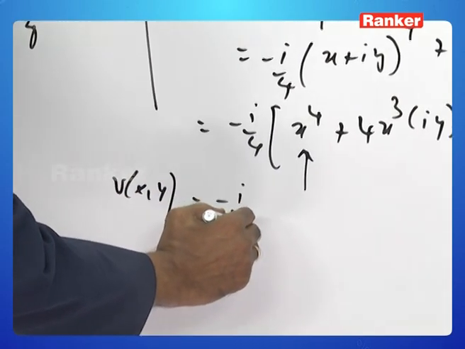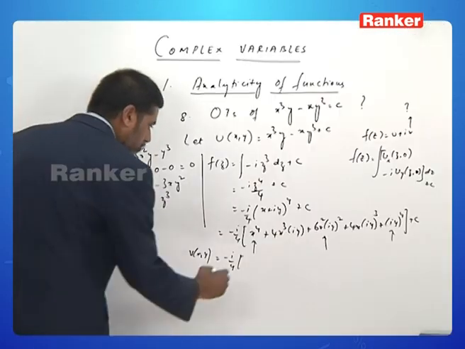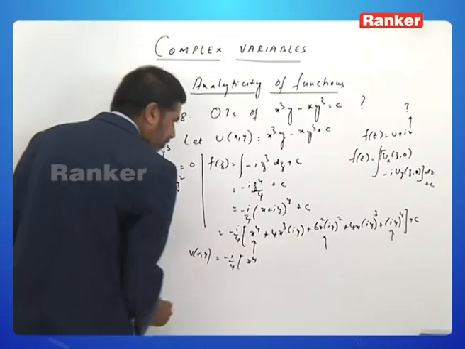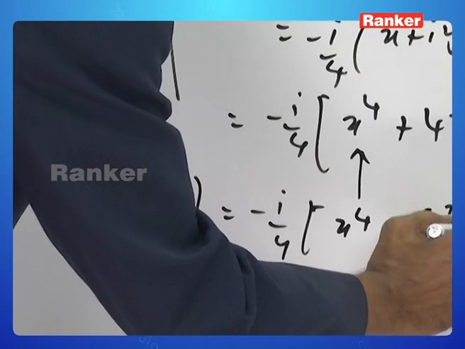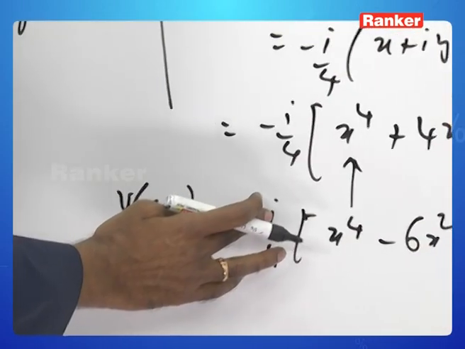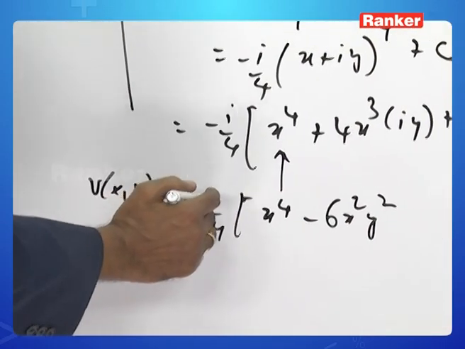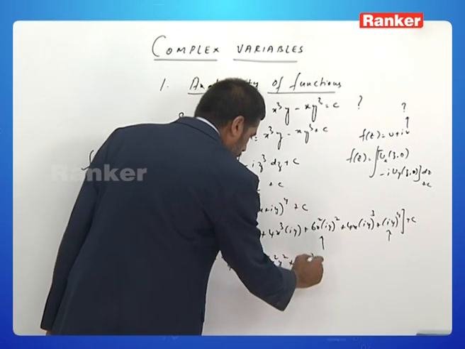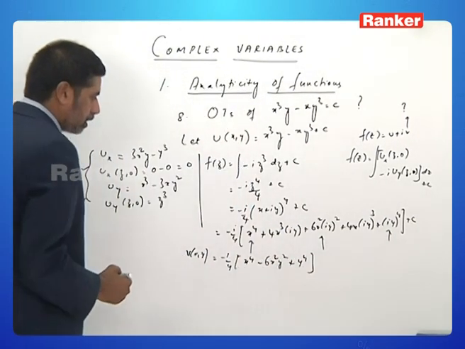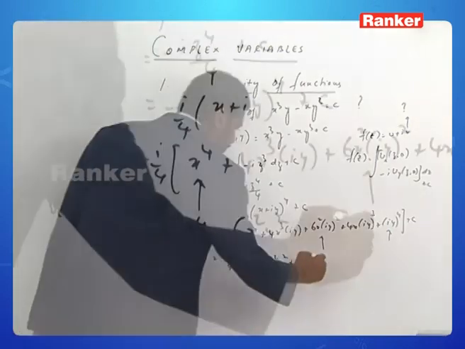This is equal to minus i by 4 into x power 4 minus 6x square y squared, of course, this i should not be written, plus y to the power of 4 plus constant.